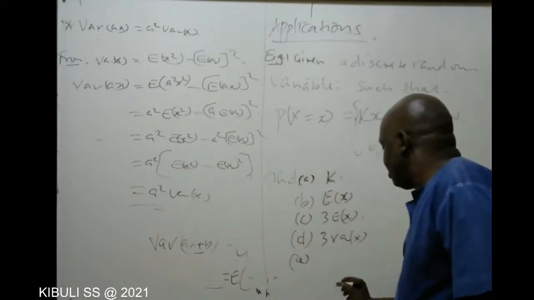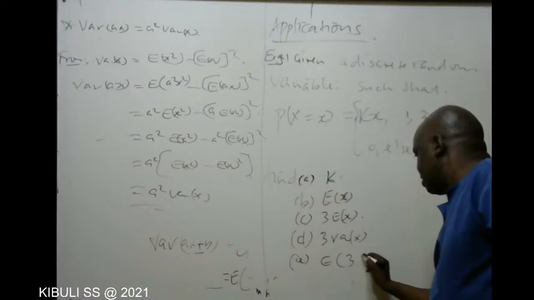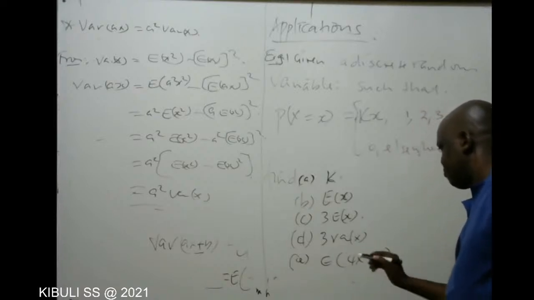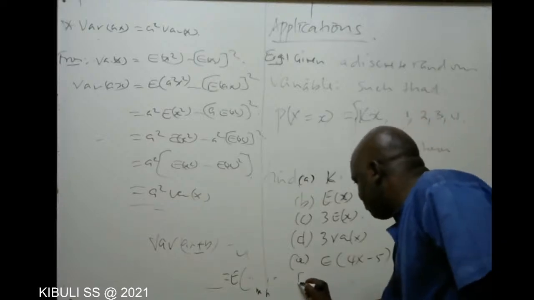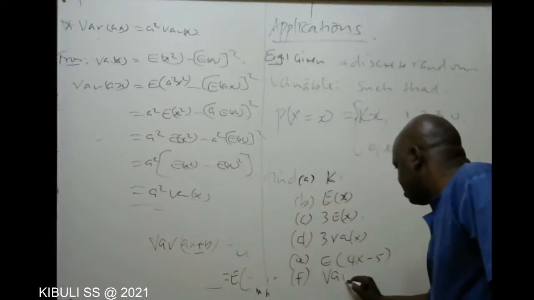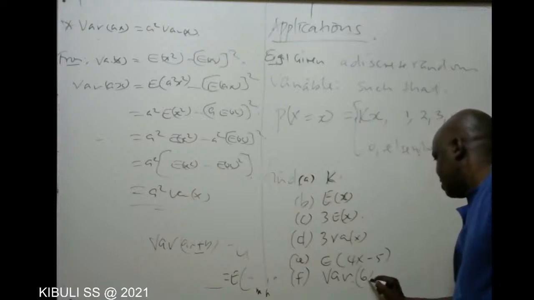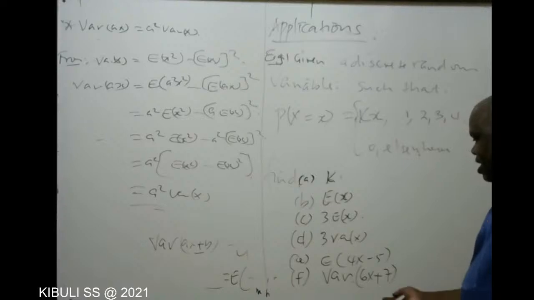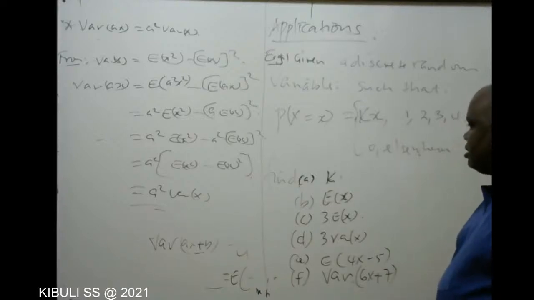E, expectation of 3x, or even use another constant, 4x minus 5. F, the variance of 6x, just scale a bit, plus 7. So you start seeing 6 and 7 and say, how will I work out the variance of all that?